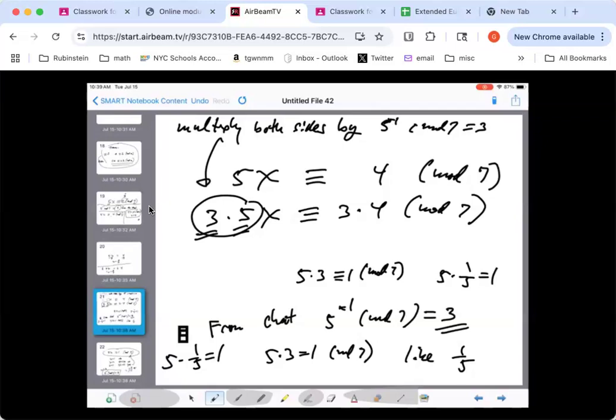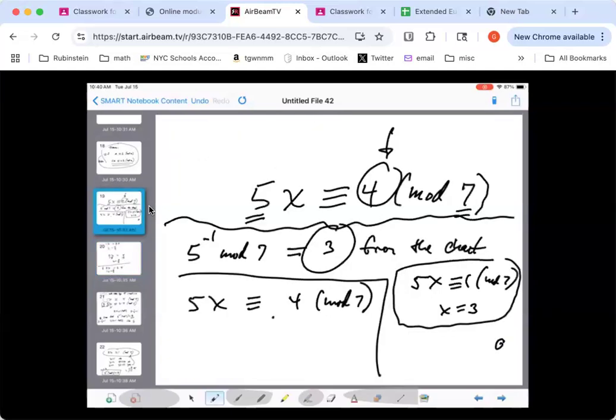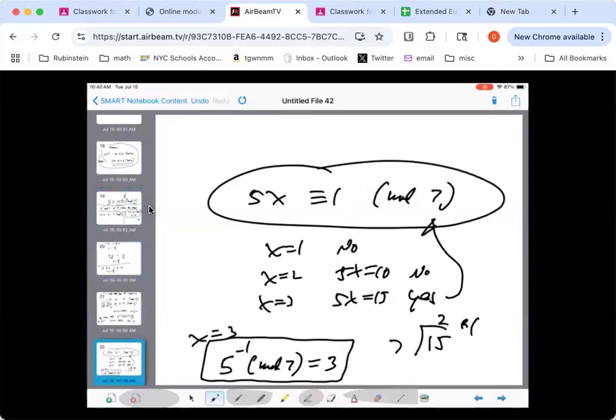They cancel out. In the same way that when I do 5x equals 4, and I do 1/5 on both sides, the reason I do that is because 1/5 times 5 is 1. But in this world, 3 times 5 is 1, as weird as that sounds.